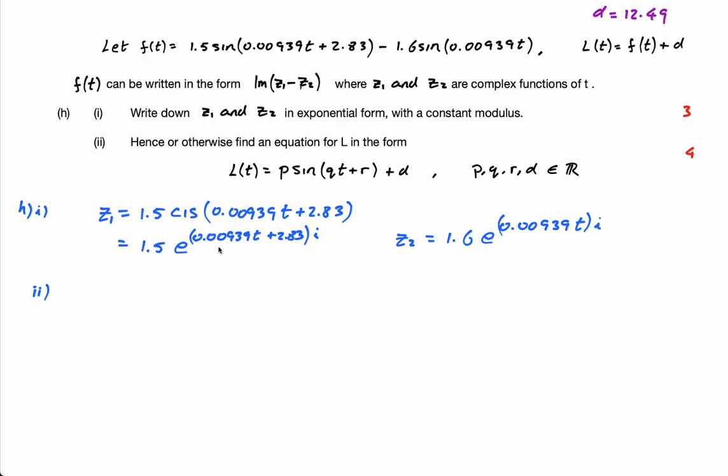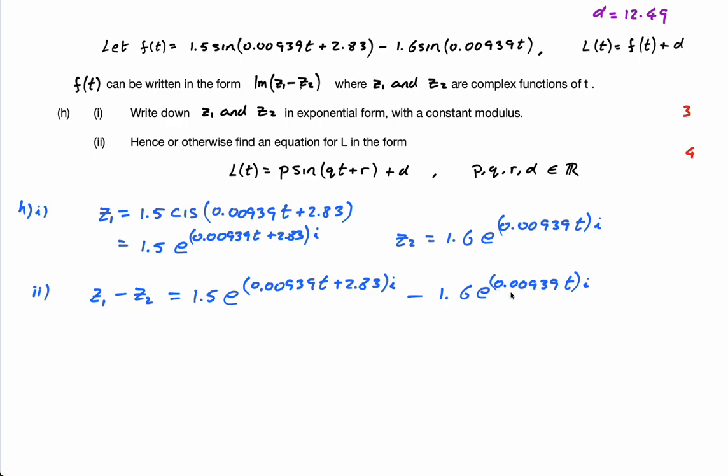Well, we're going to get the imaginary part of z1 minus z2. So let's just get z1 minus z2 first. z1 minus z2 is 1.5 e to the 0.00939 t plus 2.83 i minus 1.6 e to the 0.00939 t i.